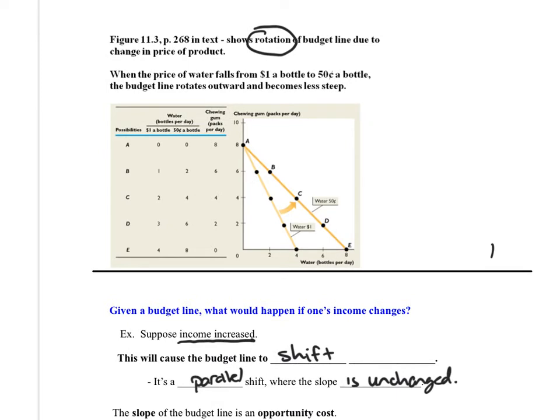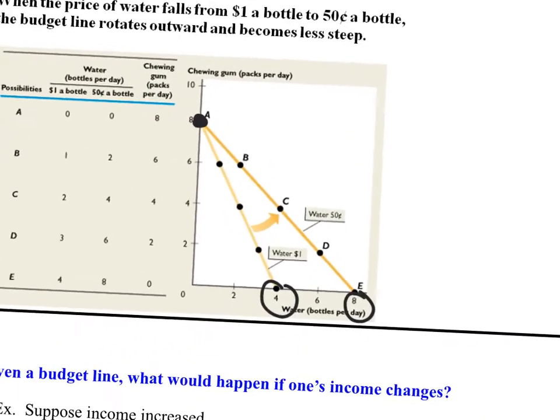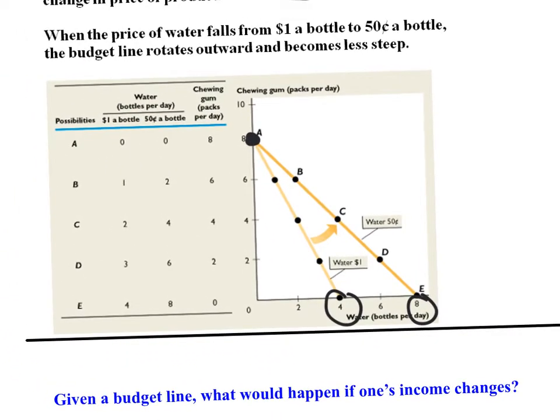So this shows the price doubling in this example of water, and therefore you can buy twice as much. So you can see that line pivots. This point doesn't change because the price of that product has not changed.